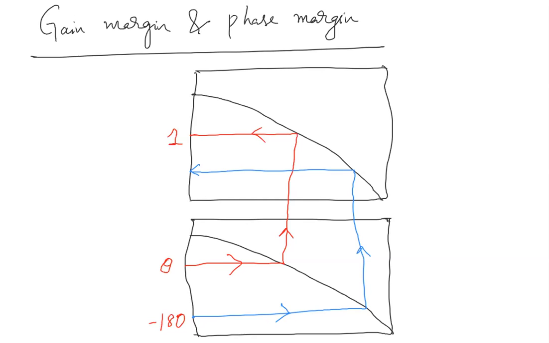These two plots are amplitude ratio versus omega, and phase angle versus omega. So for any open loop transfer function, take the open loop transfer function and do these two plots.